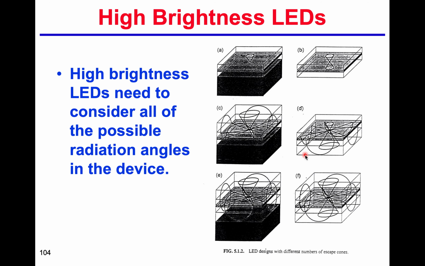And the other thing we can do is, remember that we need to fabricate the LED by epitaxial growth on the substrate, and some substrates are absorbing substrates. Which means the emitted photon will be absorbed by the substrate. So if we can remove the substrate, or use another kind of transparent substrate, then we can double the efficiency. So that's great, right?